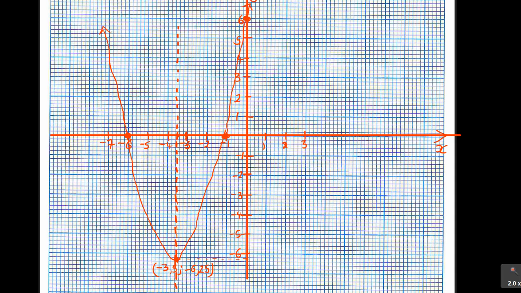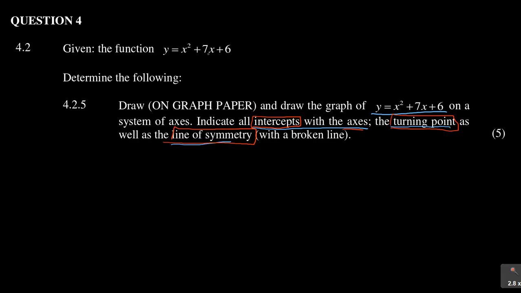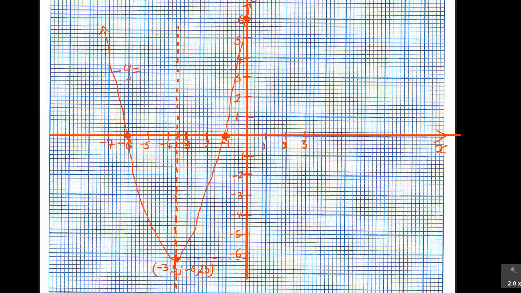So this is how your graph kind of will be looking like. I think you can see the shape is not smooth, but this is how your graph is looking like, and you need to label it and say y is equal to x squared plus 7x plus 6. So you need to label that, and this is how you sketch this particular graph.